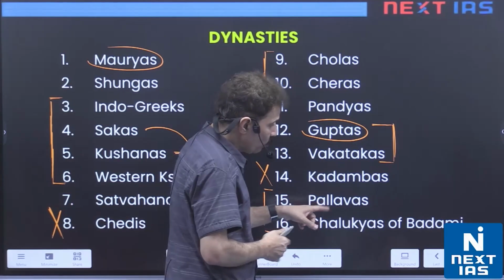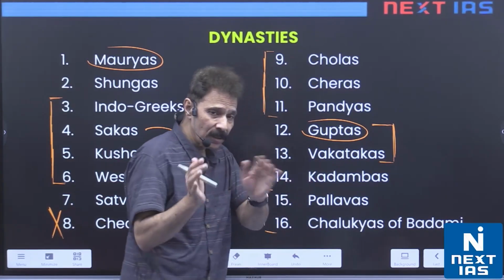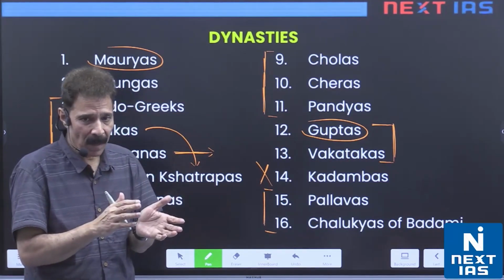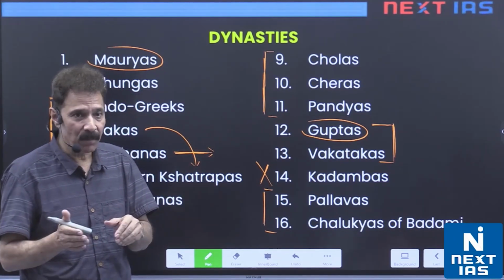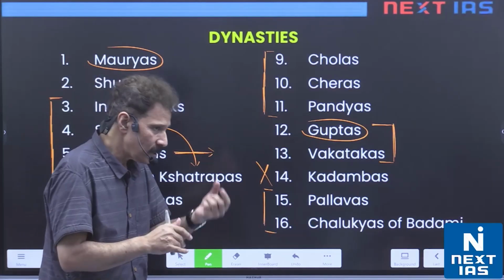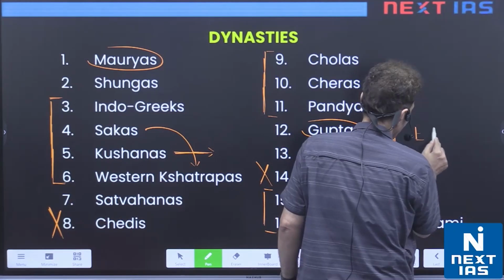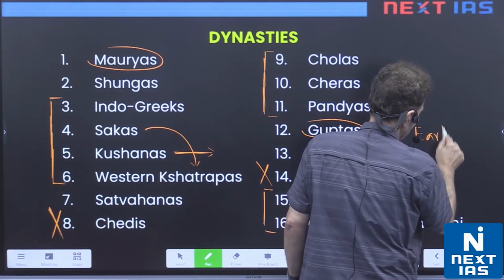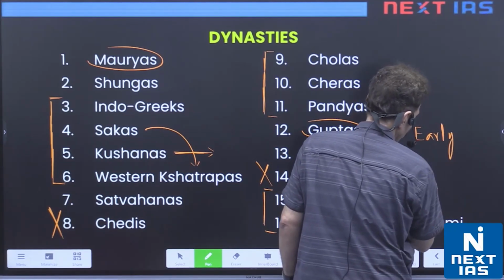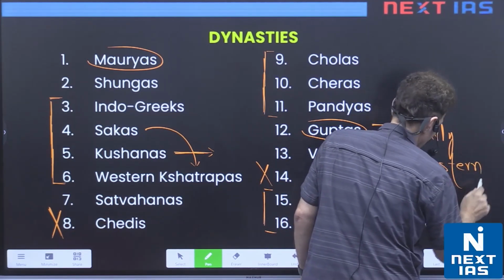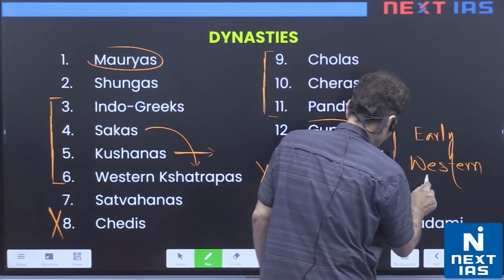Since their rule was mainly in the Karnataka region, the western part of the peninsula, we call them Western Chalukyas. And since they were the first, we call them early Western Chalukyas. You can write down this term, early Western Chalukyas.